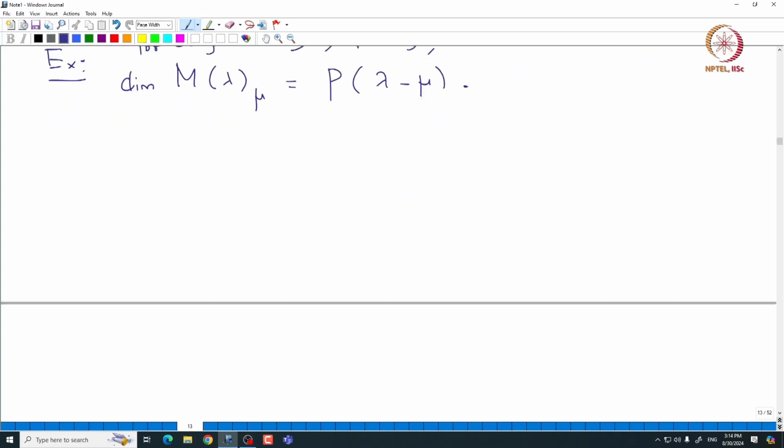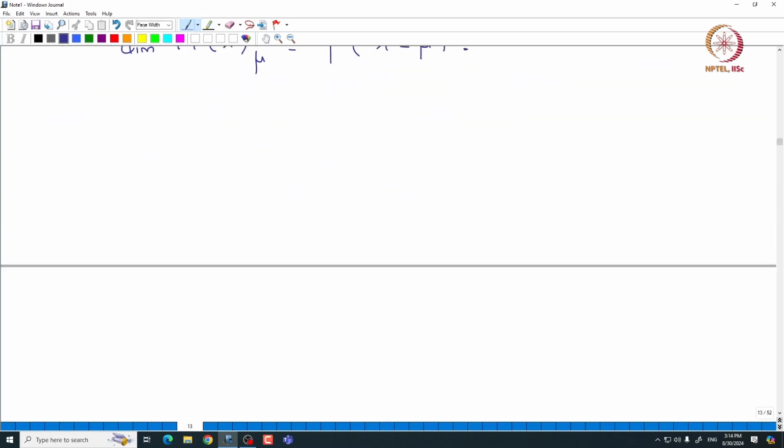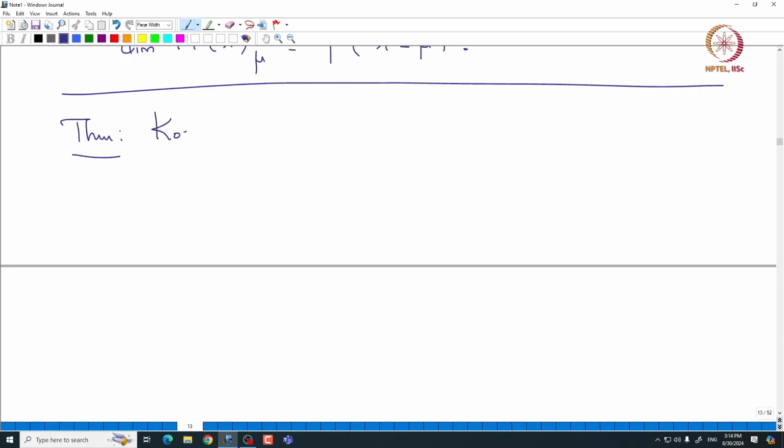Now let us state the multiplicity formula. Here is the Kostant multiplicity formula. Let us call it a theorem, due to Kostant. Let lambda come from the set of dominant weights lambda plus, and mu from the weight lattice.